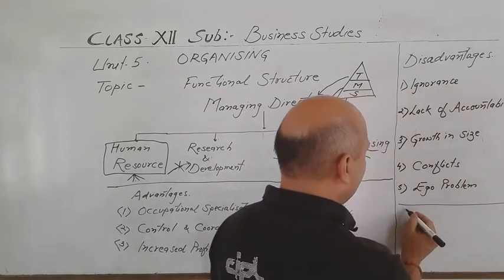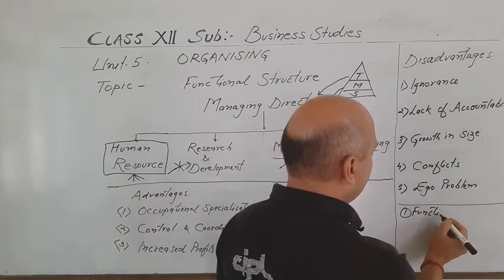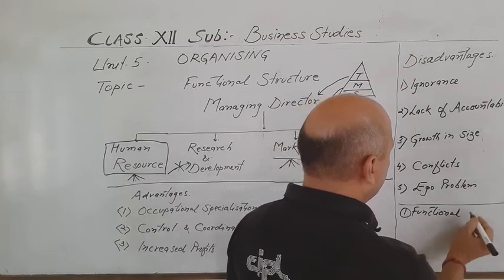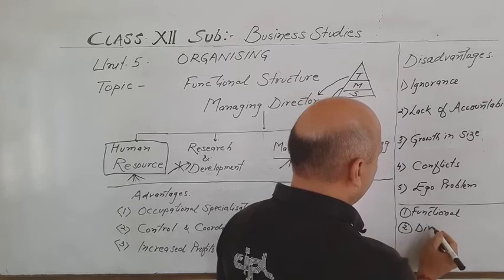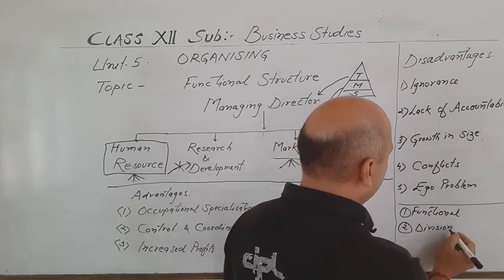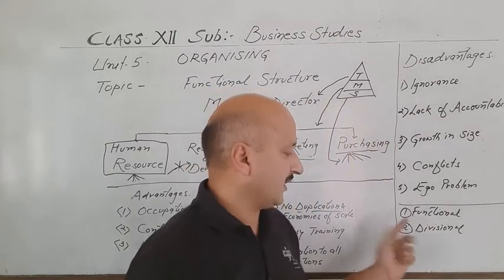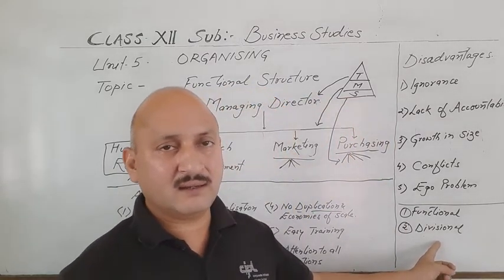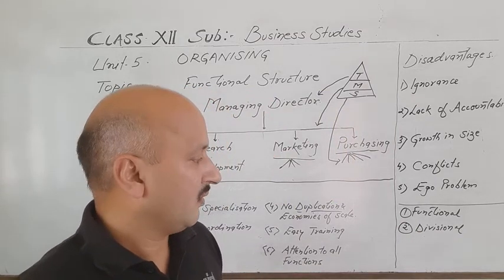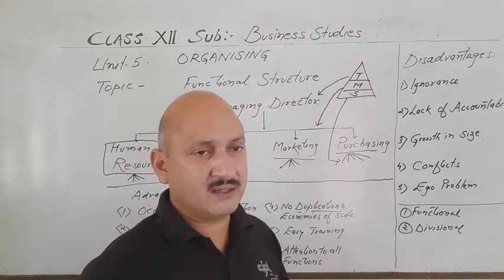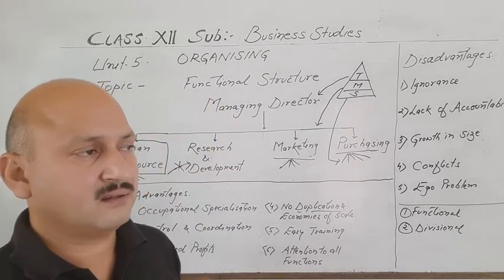One is functional and another one is divisional. So actually the duplication is possible in the divisional structure because it comprises various divisions of different products.